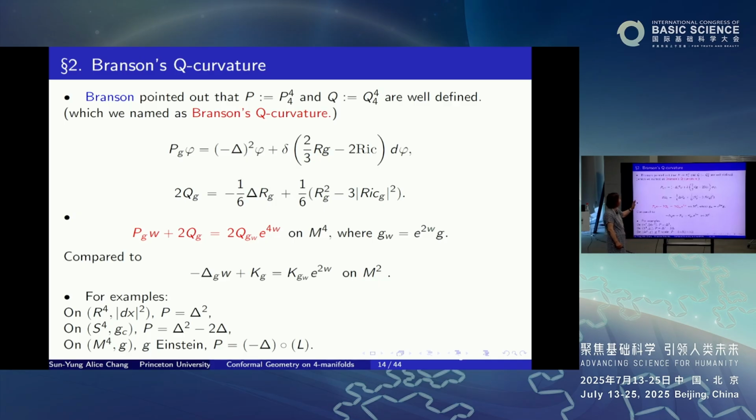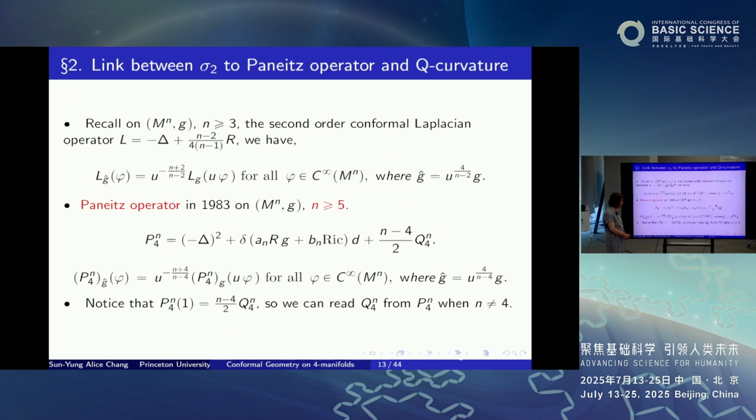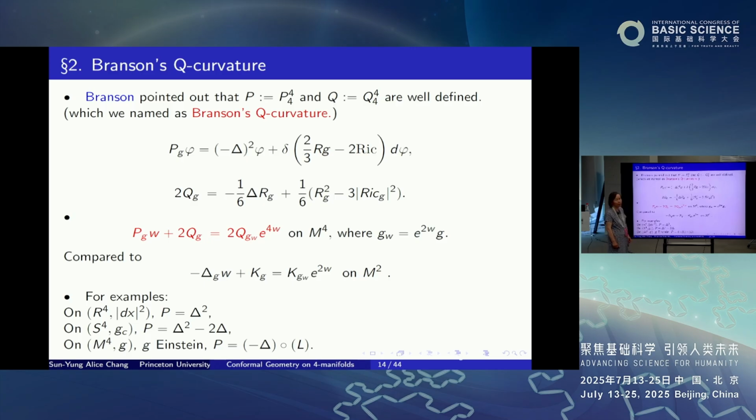What is the important observation, or point of view, of Thomas Branson is this. Although Paneitz only studied this P4 when n is bigger than or equal to 5, n equal to 4 is actually more important. He pointed out one can write down the operator P4 in 4 dimensions, and there is still the Q curvature, which one can write down.